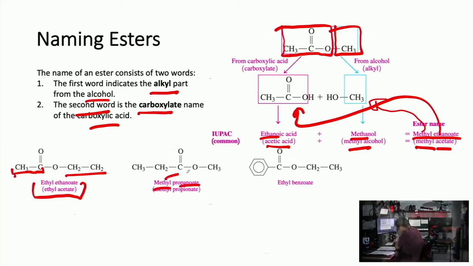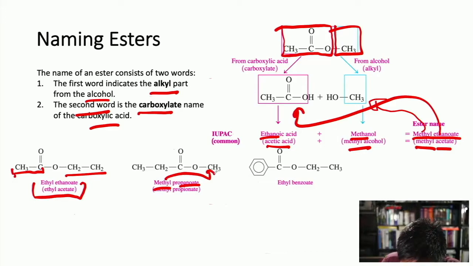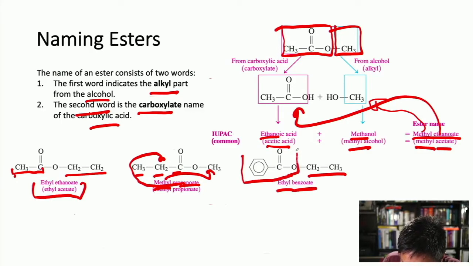Methyl propionate, the methyl group right there, and then the propanoate group there, 3 carbons, right? So that's methyl propanoate. And this one's easy because we have an ethyl group there, and then the actual carboxylic acid side is a benzoate, because that's a benzene right there, right? So we get ethyl benzoate.